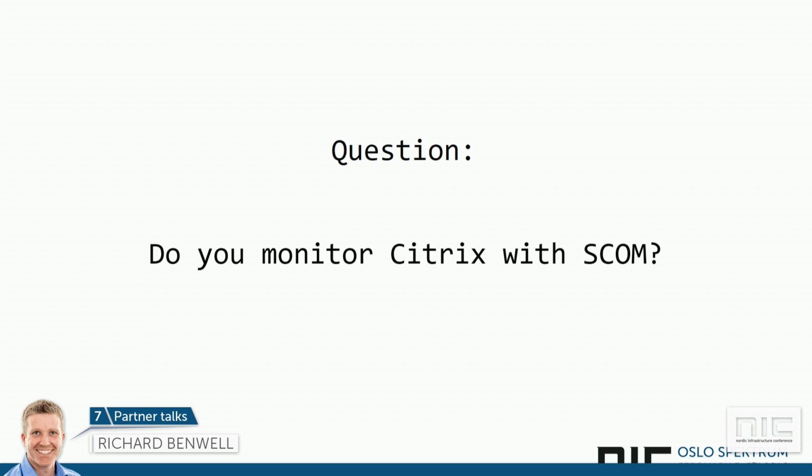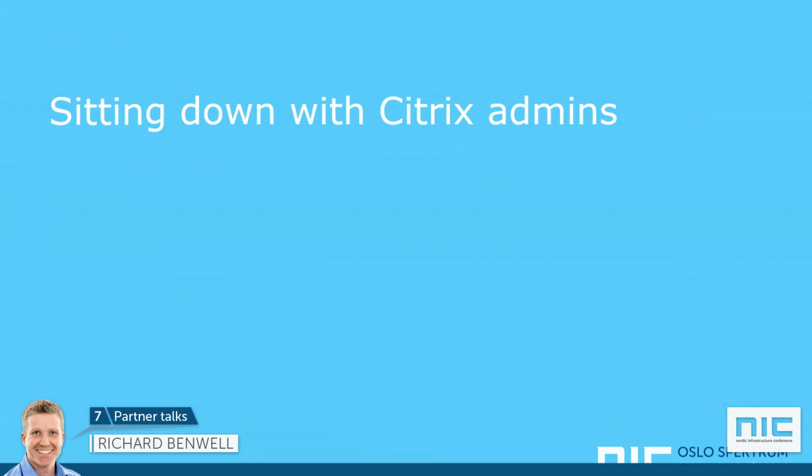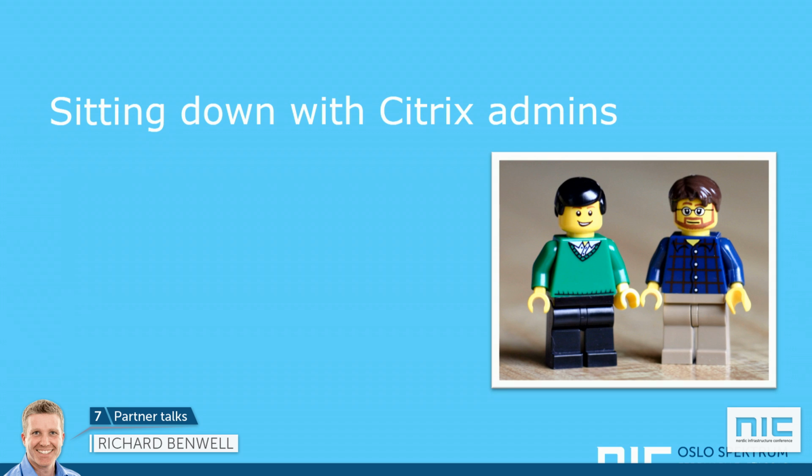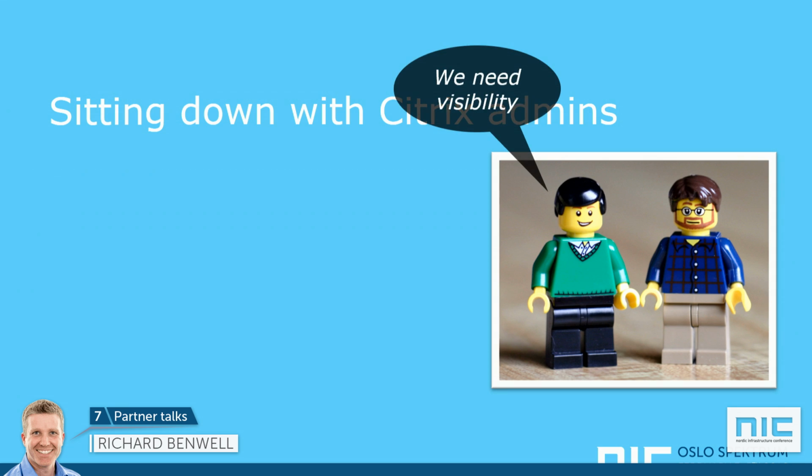But when I was working at Citrix, I was responsible for building the Citrix monitoring tools, and I'd go into organizations and sit down with their Citrix administrators, which looked a bit like this. And I'd say, what do you need from your monitoring tools for Citrix? And this is representative of not just Citrix people, but any other platform stack.